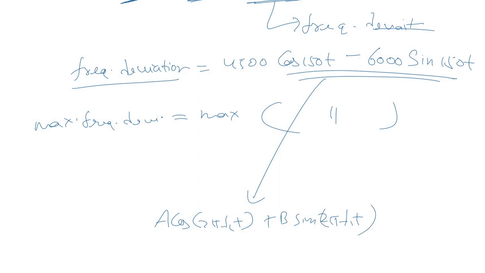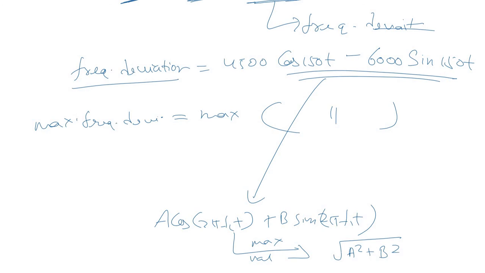The maximum value of this is the square root of a square plus b square, which you can get easily using trigonometric manipulations.